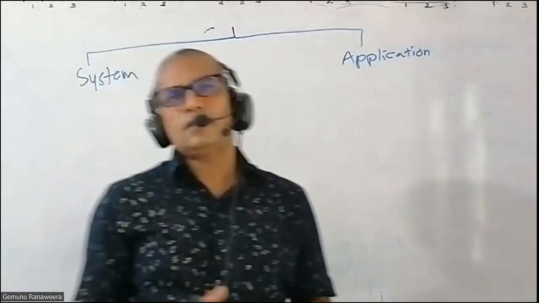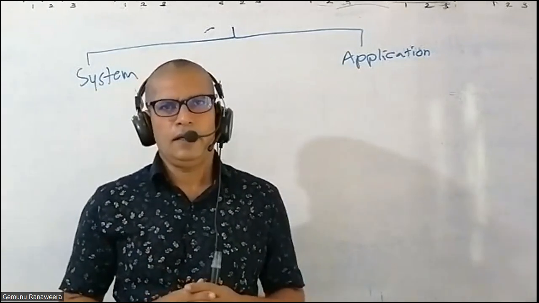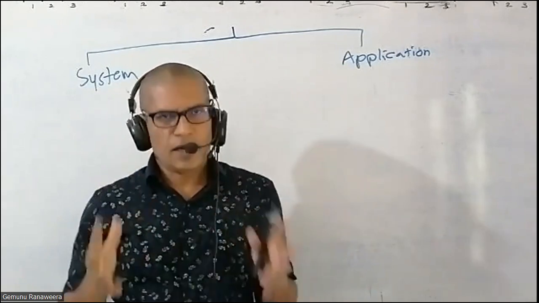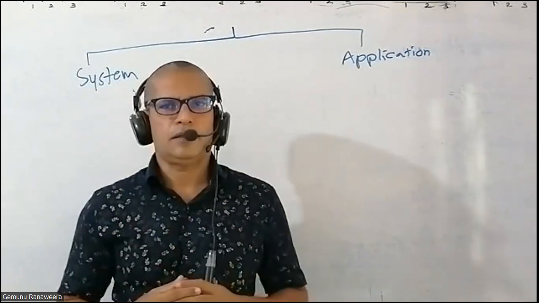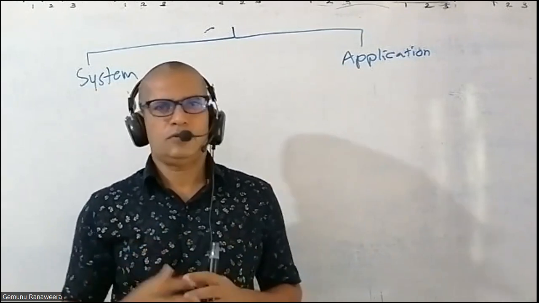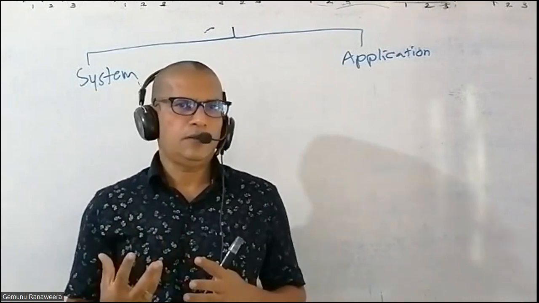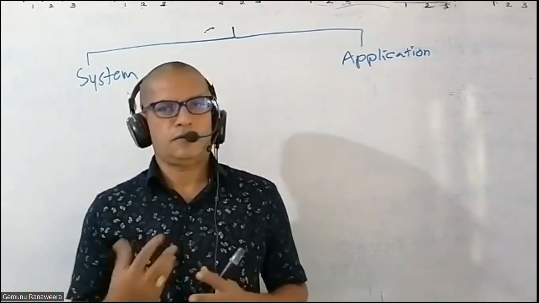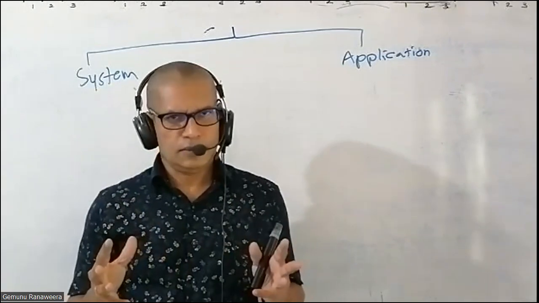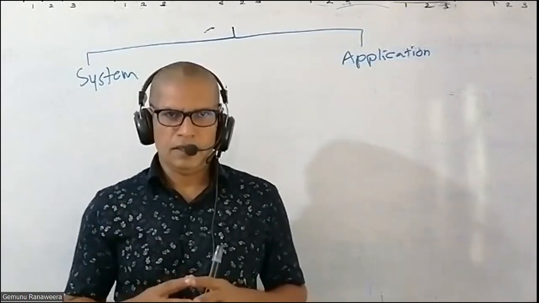We use the system software to manage the computer and get the most essential tasks done in a computer. For example, we have to manage the resources attached to a computer. There are many resources connected with the computer, hardware resources and software resources. We have to manage all these things, so we use the system software to get all these things managed.